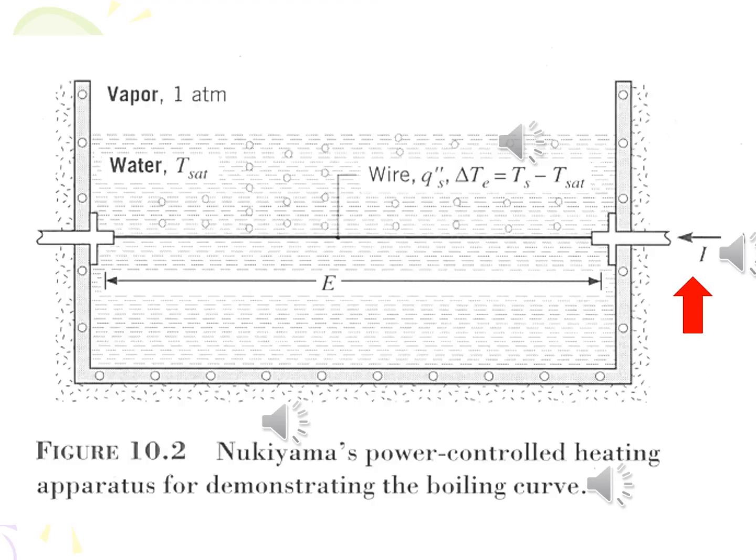He measured the surface temperature of his wire, T_s, and could therefore calculate delta T_e, the excess temperature. He used the data collected to construct the boiling curve at 1 atmosphere pressure.